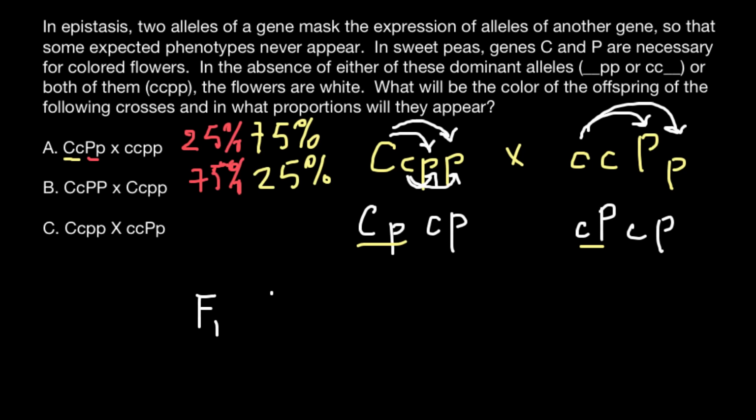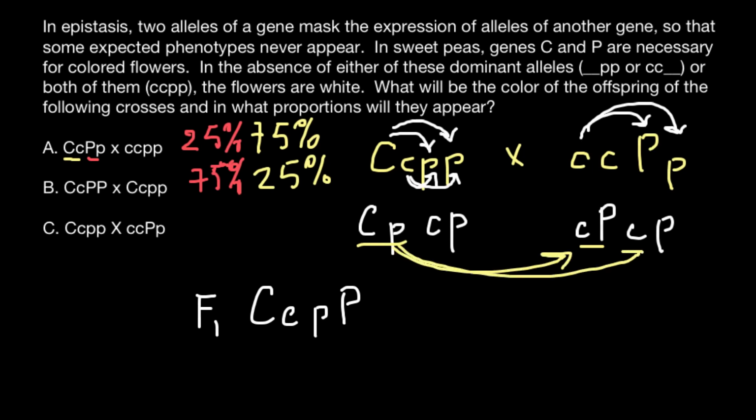This is going to be capital C, small c, and small p, capital P. So this is going to be our first variant. The second variant would be to cross this gamete with this gamete, and this is going to produce a genotype that is going to be capital C, small c, and small p, small p.